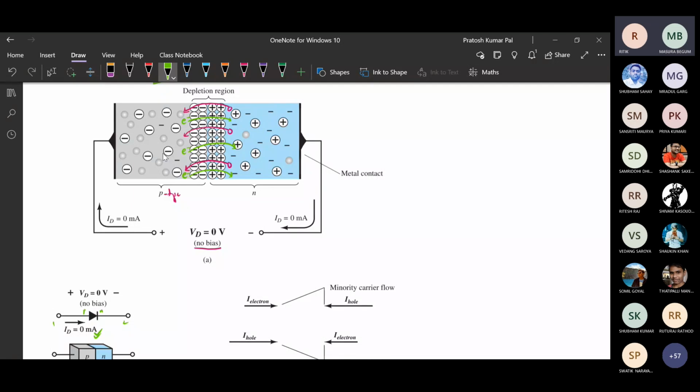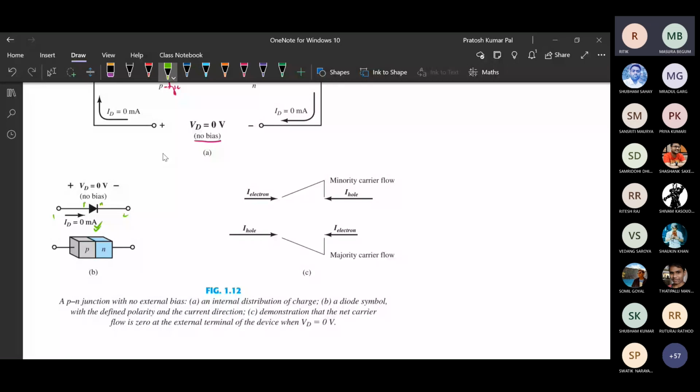So minority charge carriers are moving, and the representation is just given here. In the p-type, electrons are the minority, and in the n-type, holes are the minority, and similarly the majority charge carriers are there. So this is the symbolic representation, with some electrons moving to the p-type and holes moving this way.